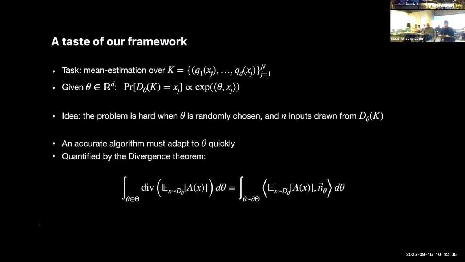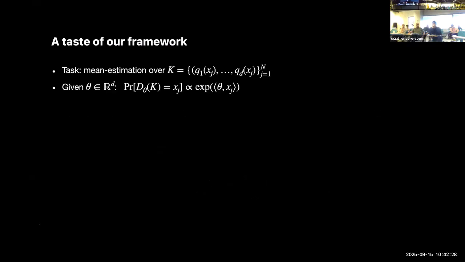That integral turns out to be the integral over theta on the surface of the region of the inner product between the algorithm's behavior on the surface and the normal vector at that point.